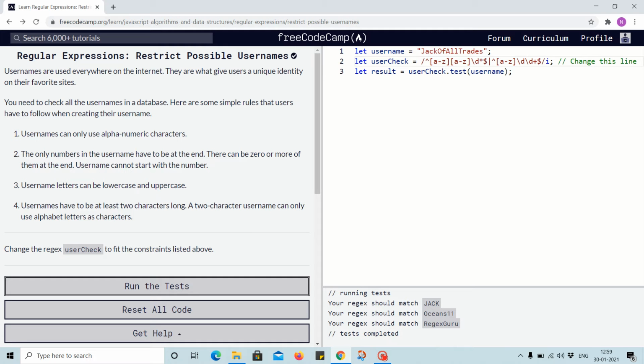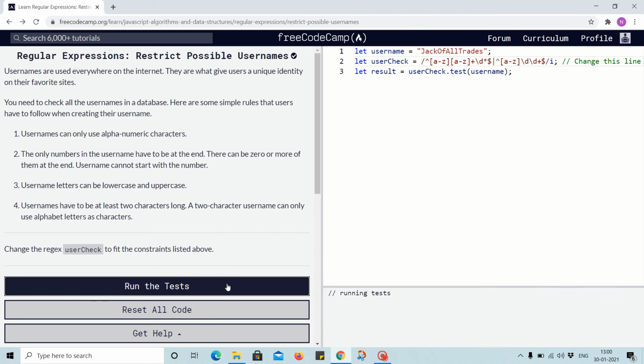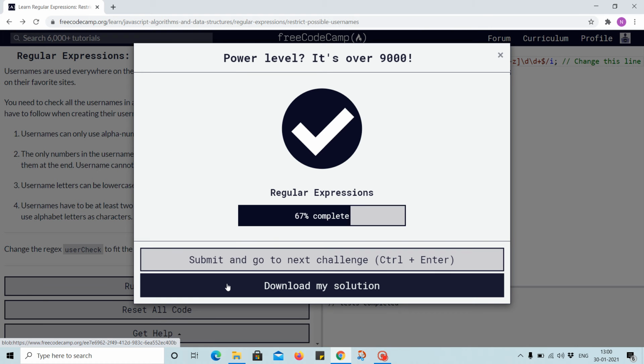Starting with A to Z. Okay, here it should be one or more possibilities at least, not only one possibility. So let's again run the test, and it's successful.